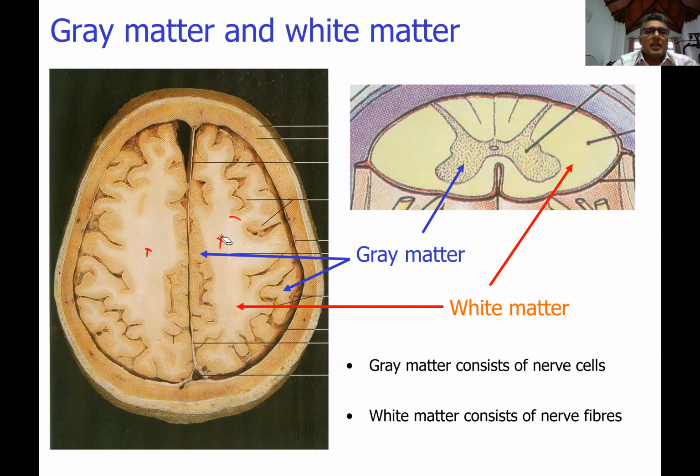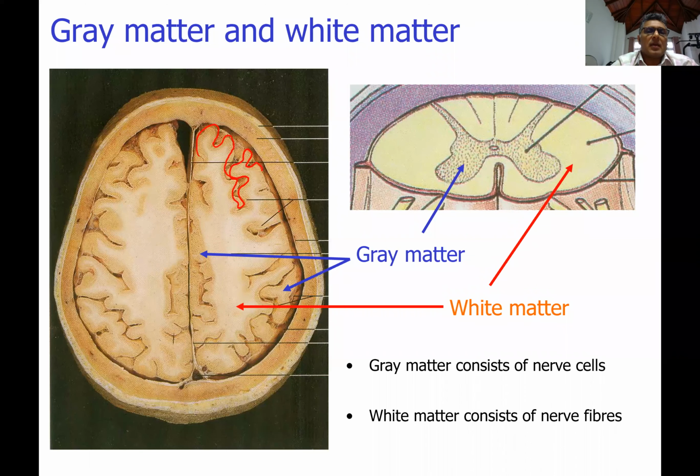Now, what is the advantage of having this? Just to see why this has happened. In the brain, there are a lot of functions that we don't even know. You need a lot of cells in the brain. You know the surface of the brain has sulci and gyri, so its area is vastly increased.